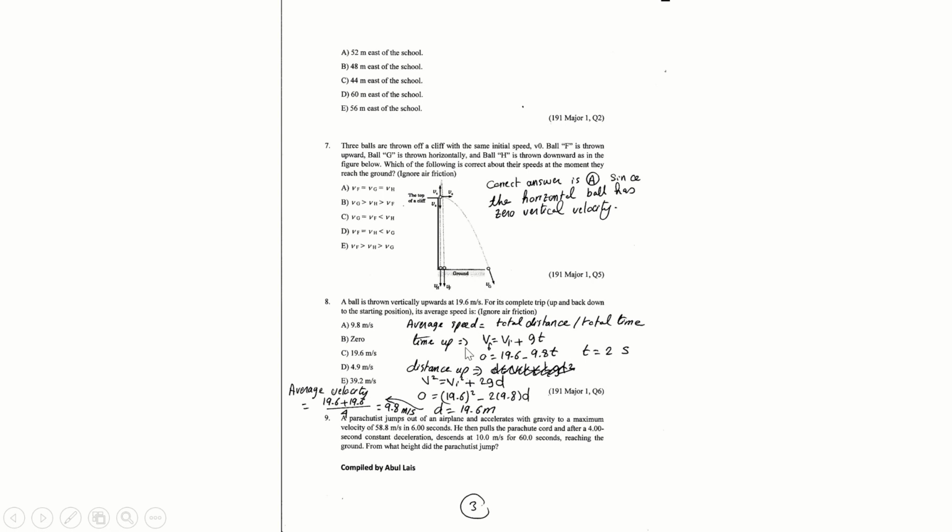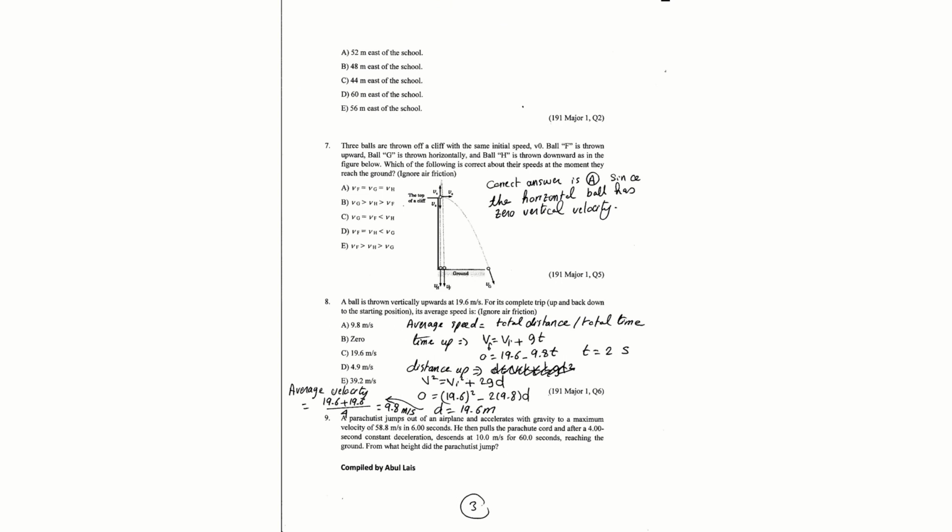For the ball to move all the way up, it must cover 19.6 meters in 2 seconds. Now, remember, the ball is moving up, then it moves down again. So it becomes 19.6 meters plus 19.6 meters divided by the total time, which is 4 seconds. So that gives me the average speed, which is 9.8 meters per second.